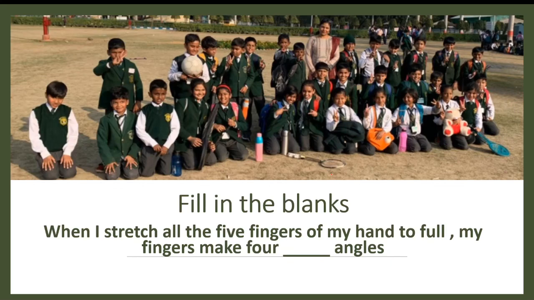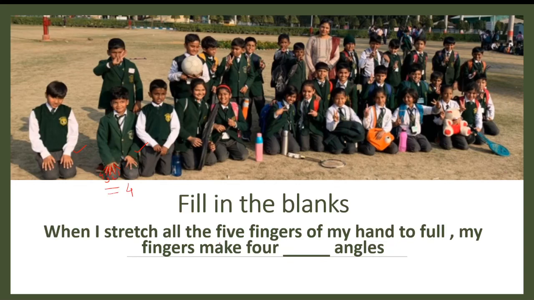Okay, now children, here you can see these two boys, and TG Balaji also. So here you can see TG Balaji, he has stretched all his fingers, and now we will count the number of angles. One angle is this, second angle is this, third angle is this, fourth angle is this. So total number of angles is 4.